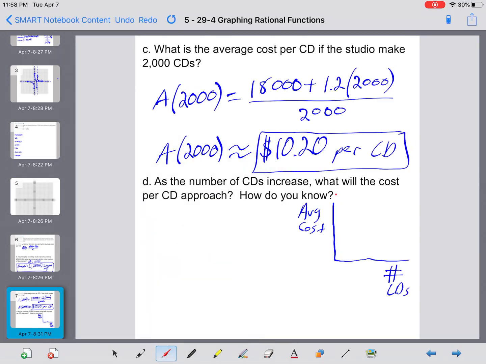We already said that there was a vertical asymptote at x equals 0. So for letter D, as the CDs increase, that means as x approaches infinity, we want to know what the average cost is approaching. That's another word for the y value.